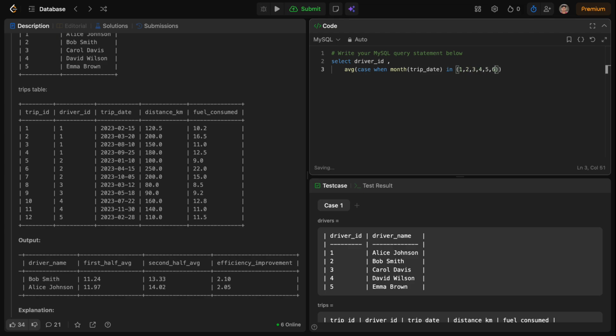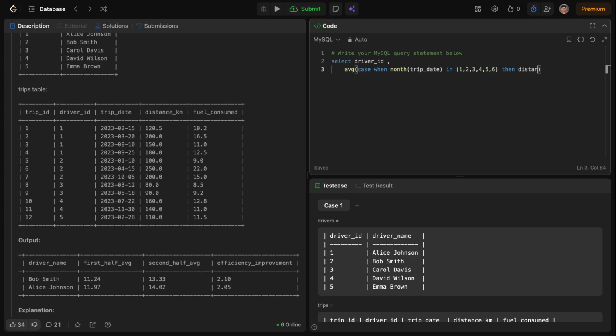This is the first half. When the trip date month is in 1 to 6, then provide the efficiency for the first half average. The calculation is distance divided by the fuel consumed.